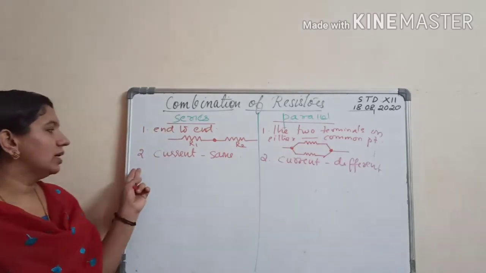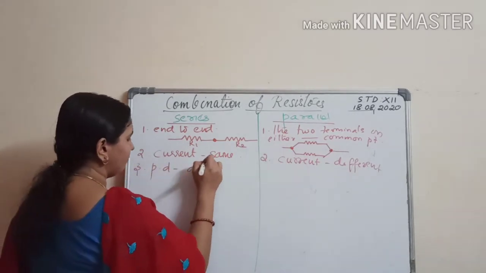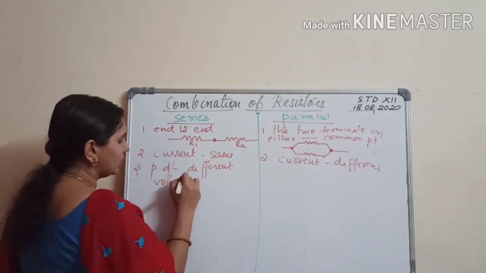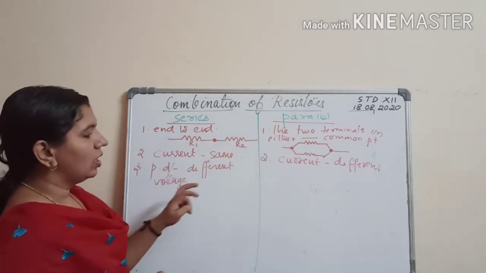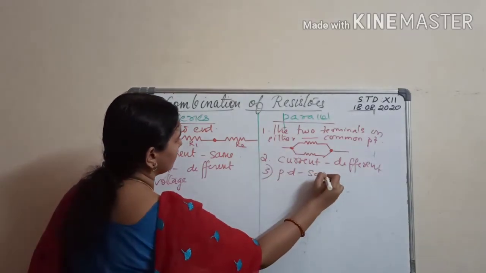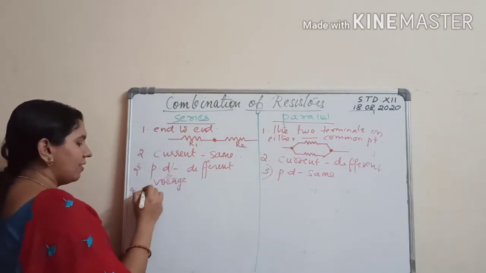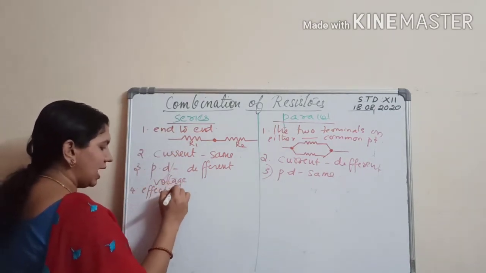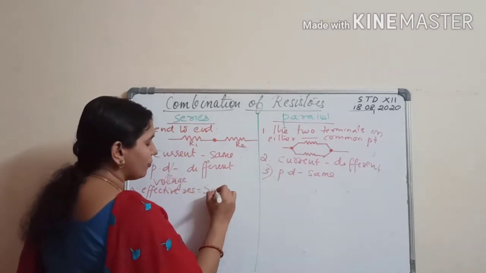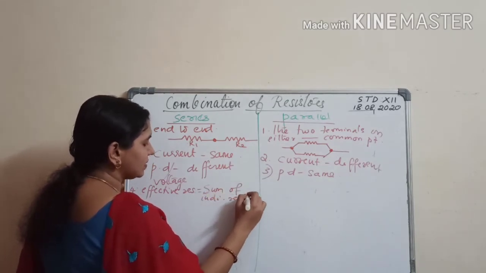Now third one is, in series the potential difference will be different, or the voltage will be different. In parallel, the potential difference will be the same. Understand? Now the effective resistance can be taken as the sum of individual resistances.